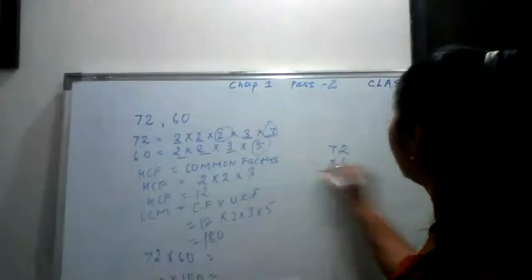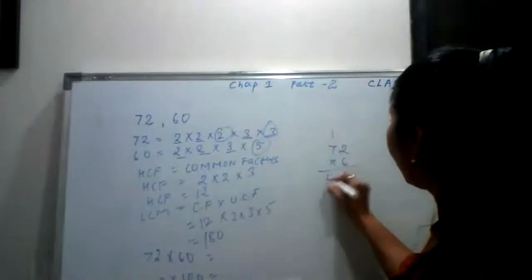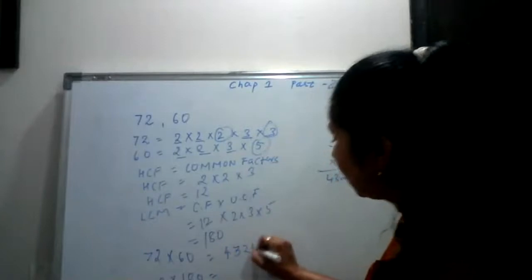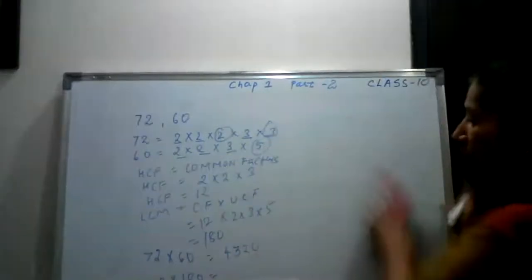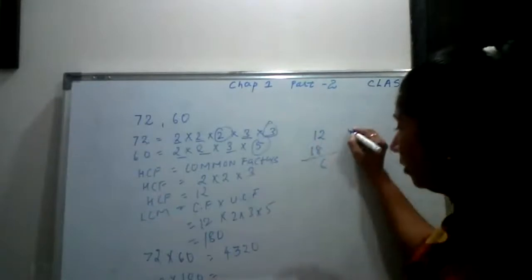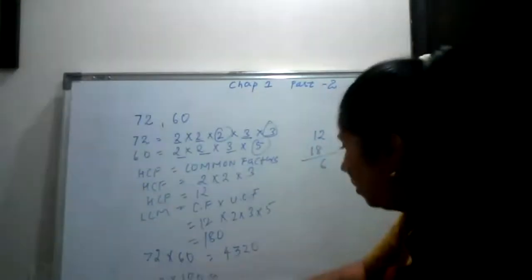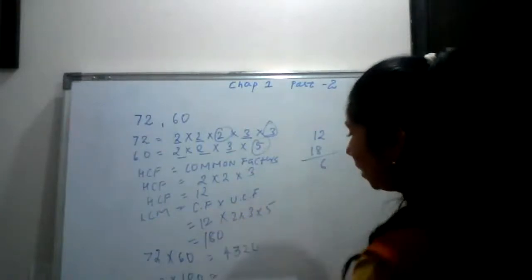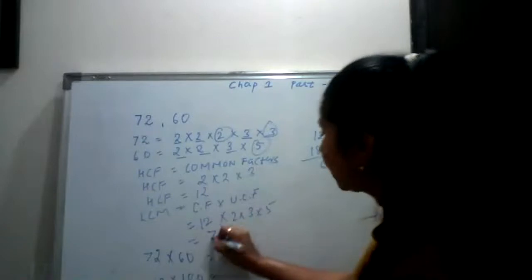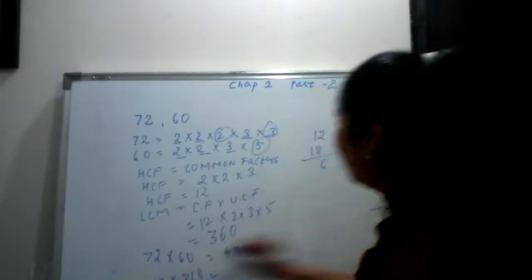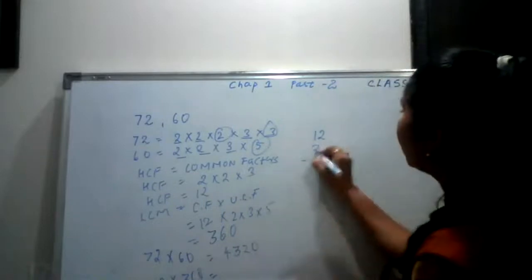Okay, so 72 6 are 12, 42, 432 and the 0. So we get this as 4320. Okay. And now look at this 12 into 18. So 2 8 are 16. Am I wrong with something? Oh, I'm so sorry. This is 360, isn't it? This is 360. So here 12 into 360.